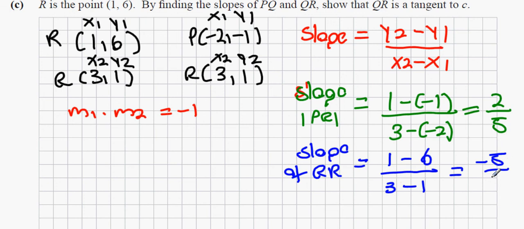As predicted, you turn it upside down, change the sign. Now to get full marks, I need to put 2/5 multiplied by -5/2 equals -1, and then I multiply the two of these out here, and what I get is -1.